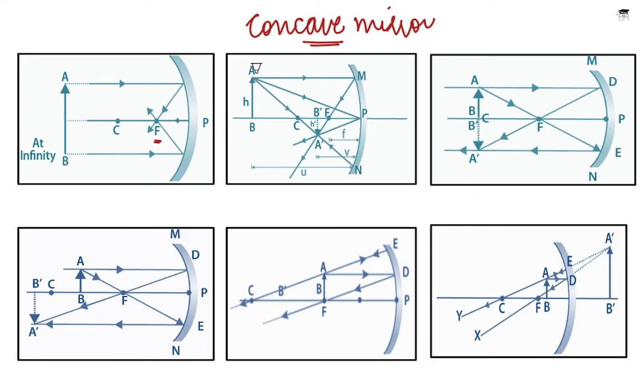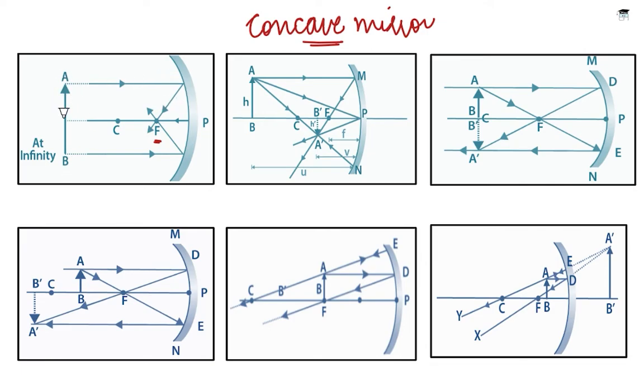Second is when the object is beyond C. Here we are bringing the object from infinity closer to the mirror: at infinity, beyond C, at C, between C and F, at F, and between F and P. Then we notice how the position and size of the image change.